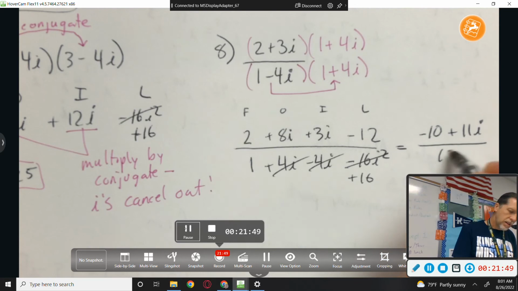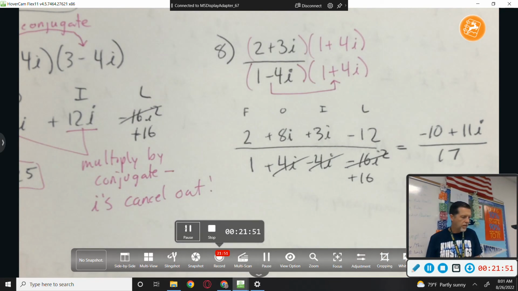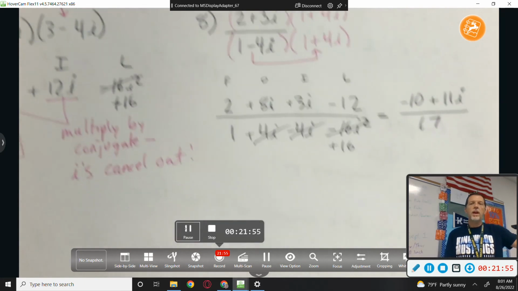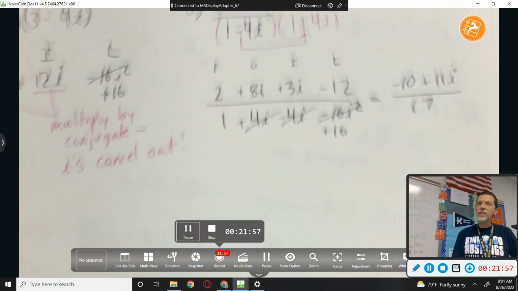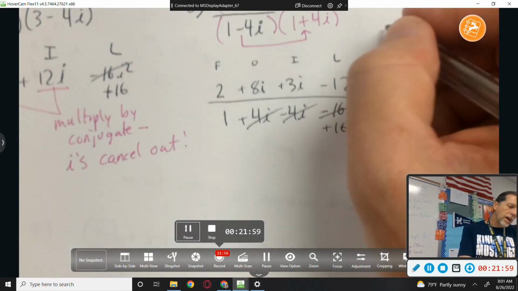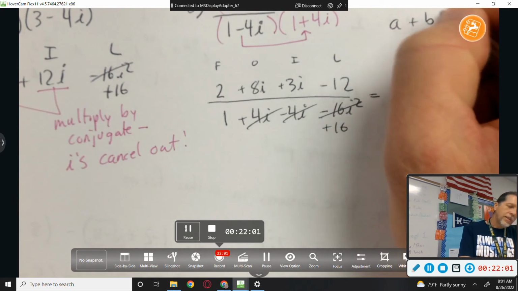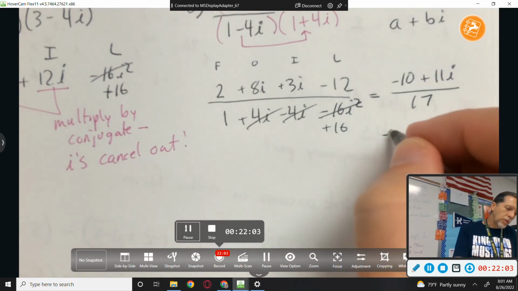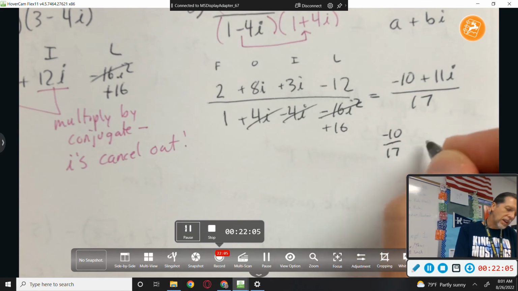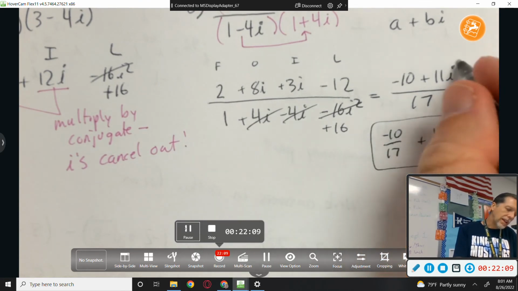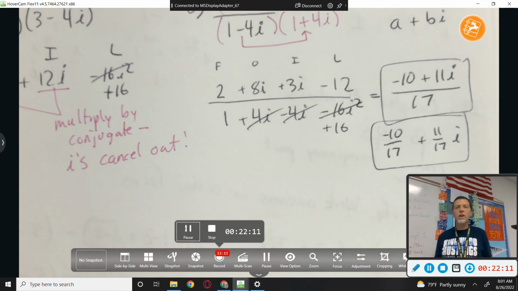And 1 plus 16 is 17. And here's another spot where that's a perfectly acceptable answer, but the instructions did say to write it as a plus bi, so we might split up that 17 and write it like that. But again, I would not mark off if you had the previous thing on there.